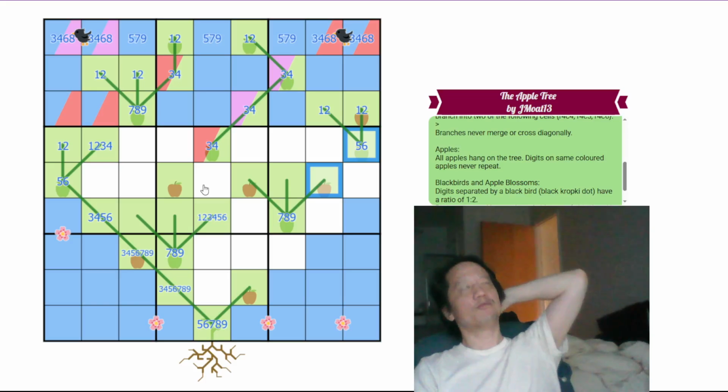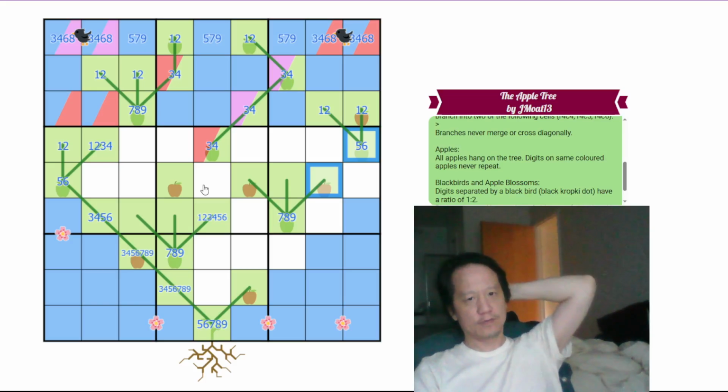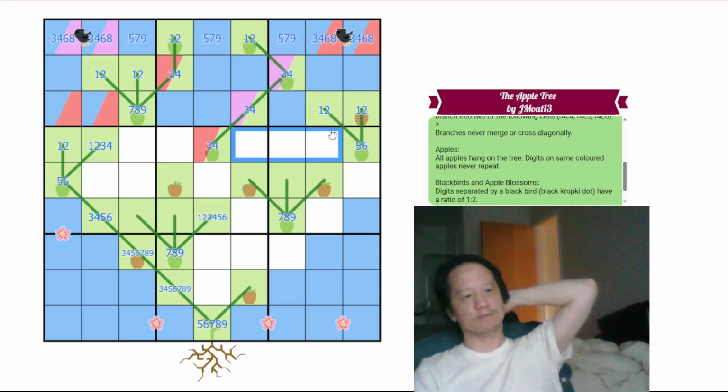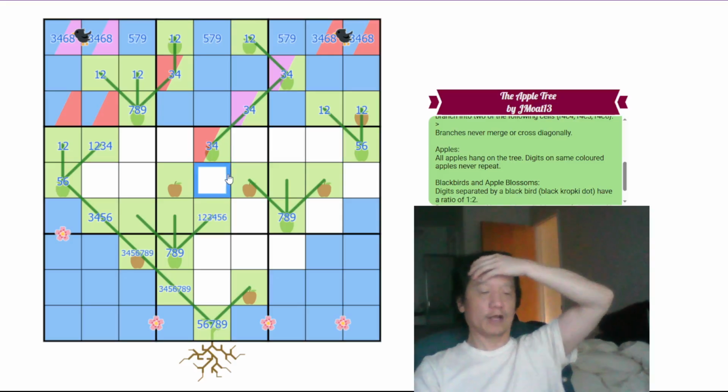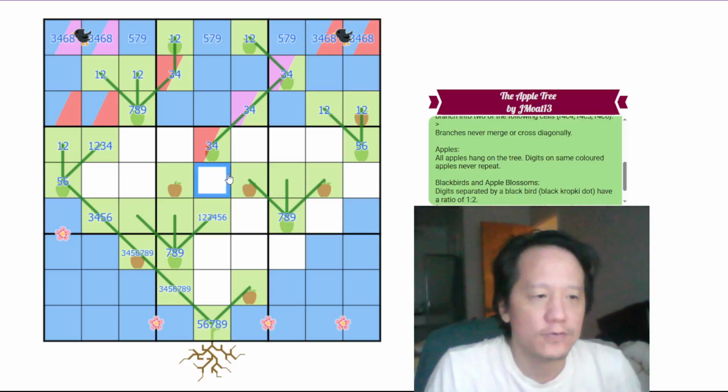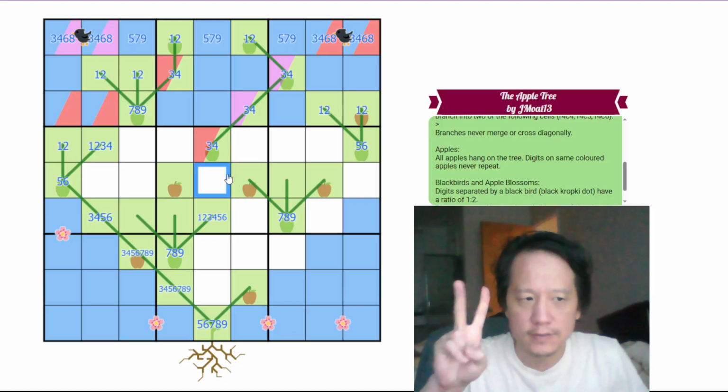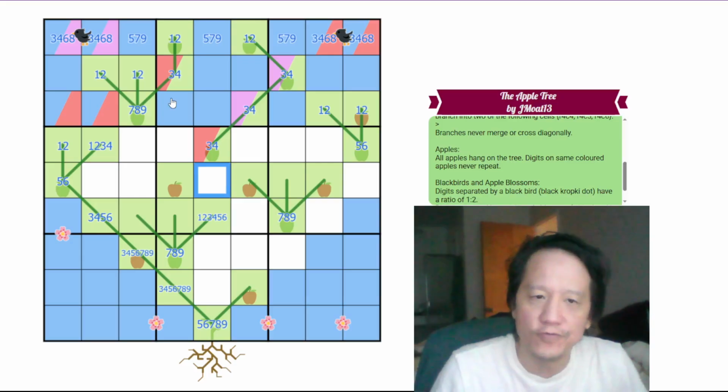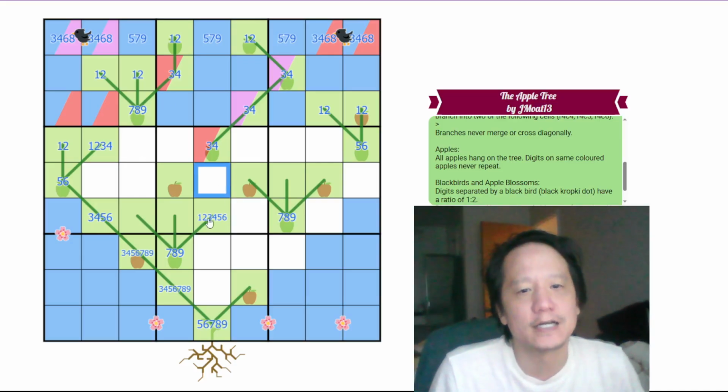If we have another branch in row 5, right now we have 1, 2, 3, 4, 1, 2, 3, 4. We can have one more branch in row 4. If we added a branch in row 5, it would have to branch up twice to row 4. And that's not allowed.